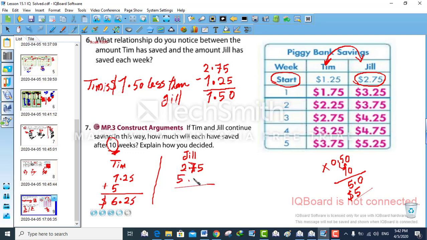Put the decimal here, you can put 2 zeros if you like. So it's 5, 7, and here decimal, and here is 2 and 5 is 7. So the answer for Joe is $7.75.